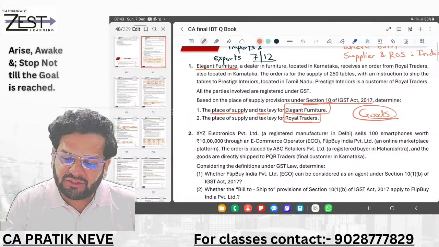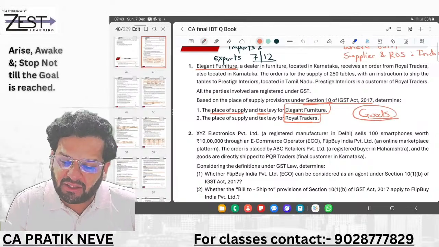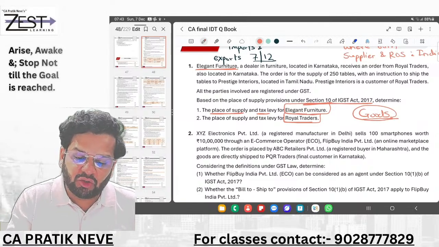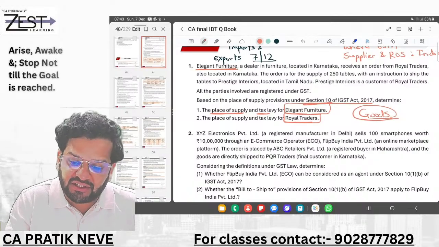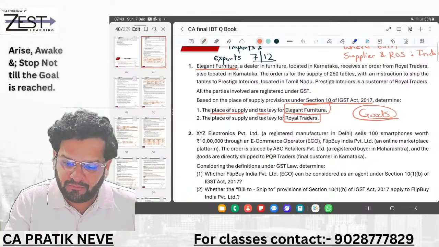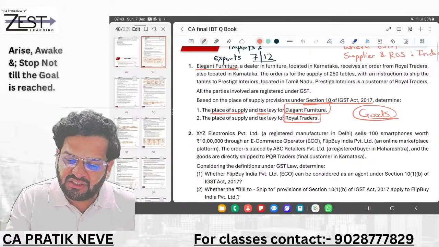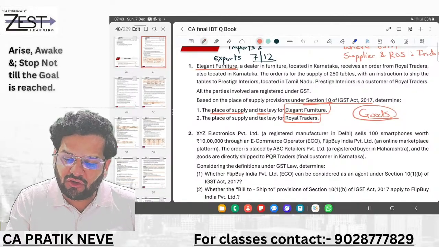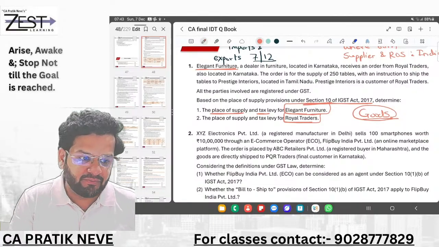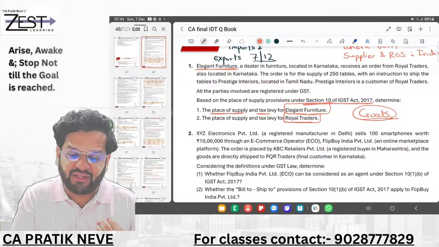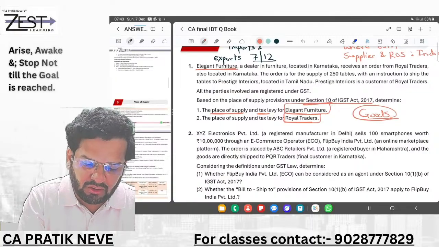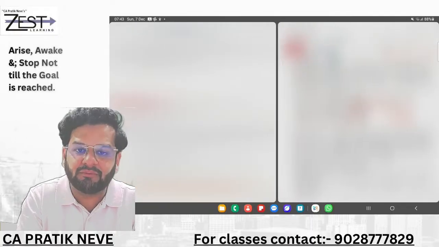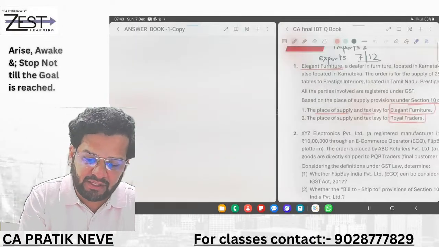The order is for supply of 250 tables with an instruction to ship the tables to Prestigious Interiors located in Tamil Nadu. Prestigious Interiors is a customer of Royal Traders. So friends, EF, that is Elegant Furniture.